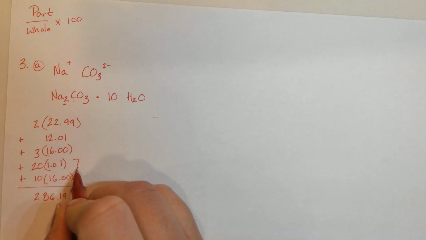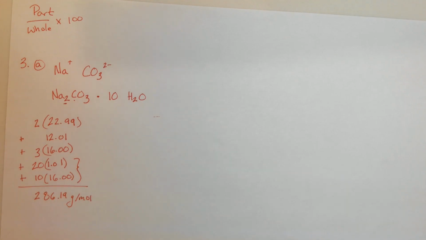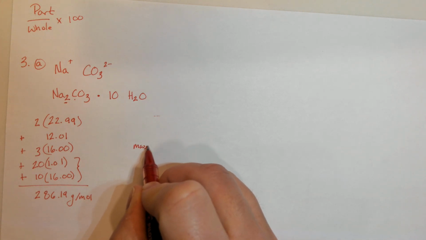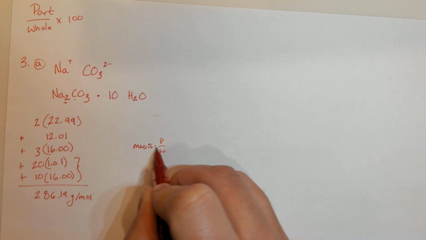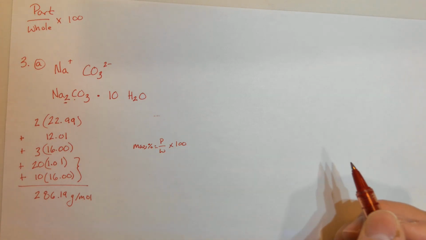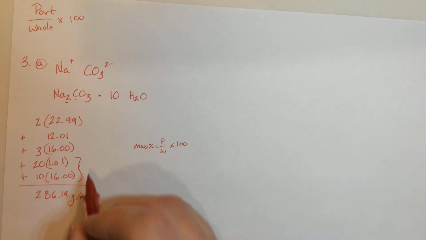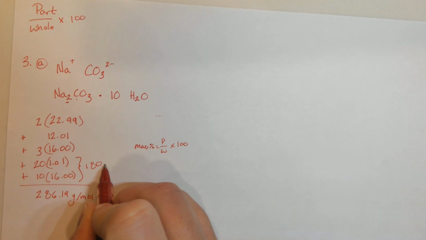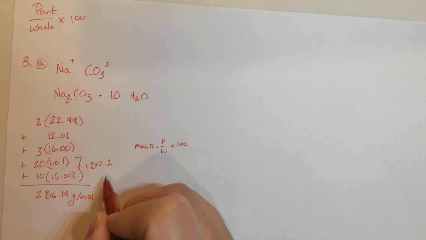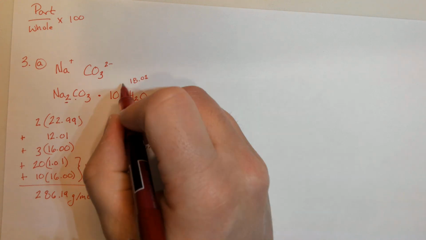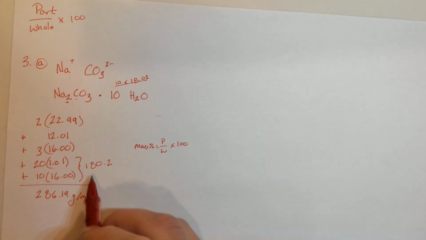And that's going to be this portion right here, right? And so what we can say is if the mass percent is the part over the whole times 100, then we can take 20 times 1.01 plus 10 times 16.00, and we get this part right here is just 180.2. Alternatively, you could have taken the molar mass of water, which is 18.02, and multiplied that by 10, which would have given you the same thing.